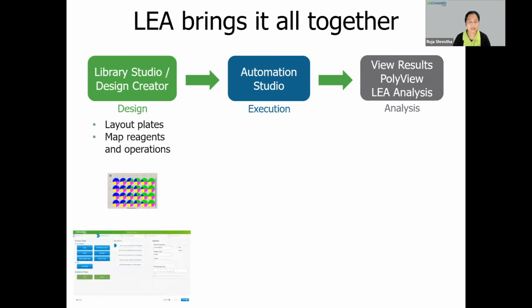The Library Studio and Design Creator component of the software allows you to create library designs in a plate format using simple drag and drop features. You can map a mixture of components into wells and specify specific operation steps to be performed in your experiment.